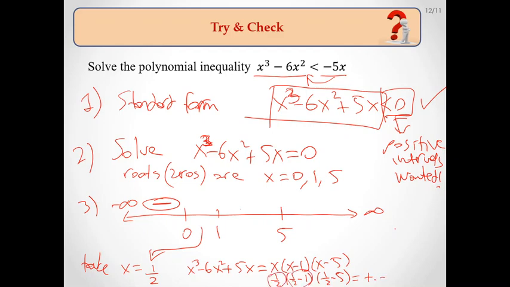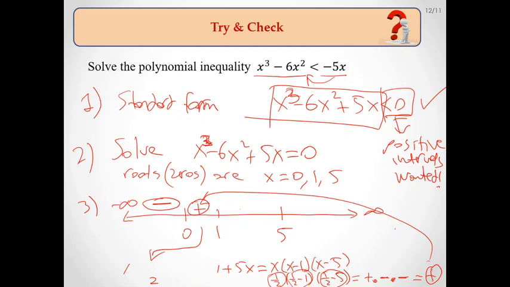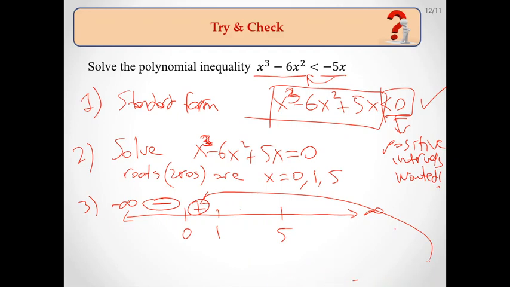This is negative, and then this is negative, and when you multiply them, you get plus. You can say here it's plus. We are not interested in the numbers. We are interested in the sign of the polynomial in that interval.